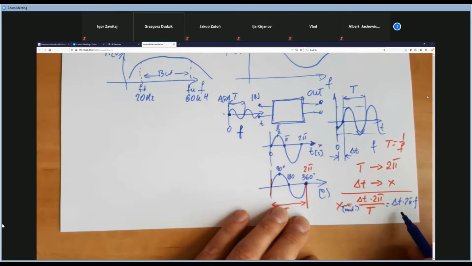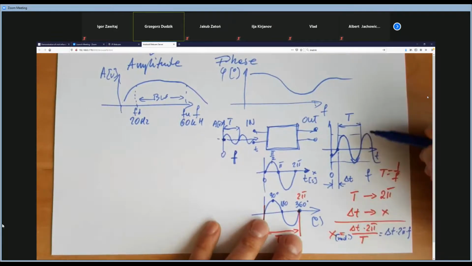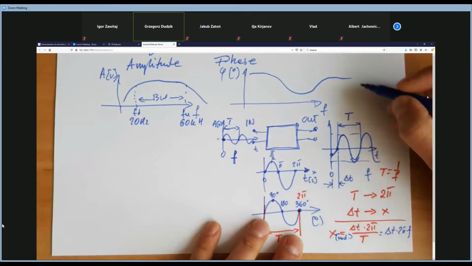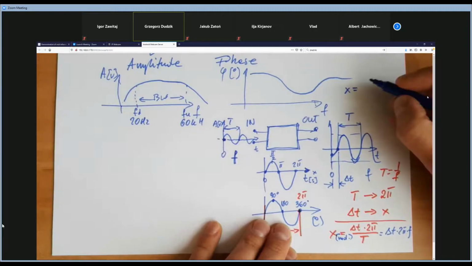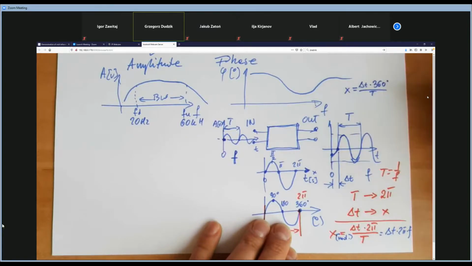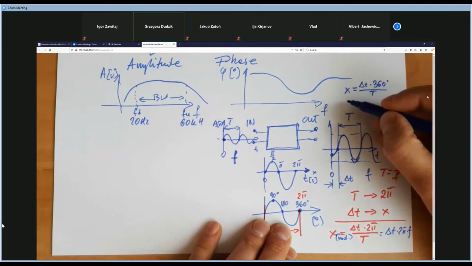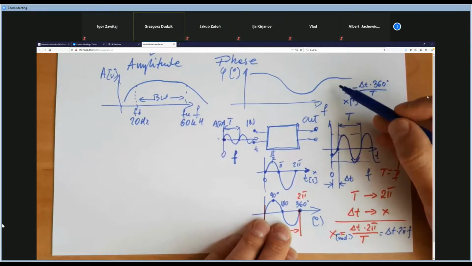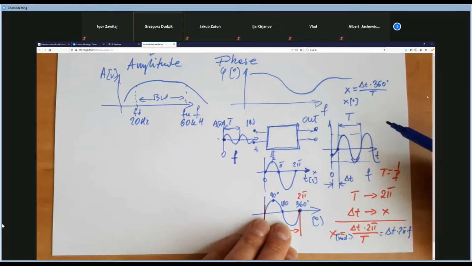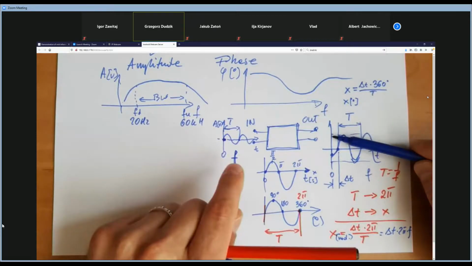Also, we can build our expression for x in the typical degree domain: delta t times 360 degrees over T. And then x is in degrees. What is x? The x is the phase shift. This is the phase shift between output and input signal.